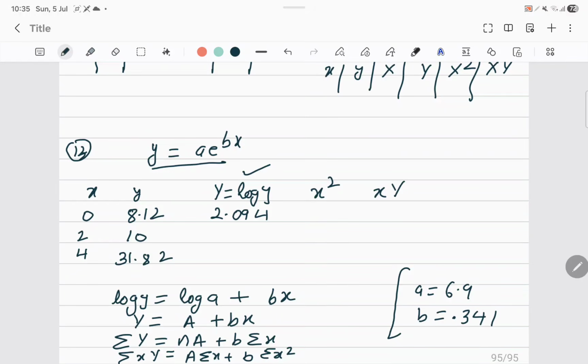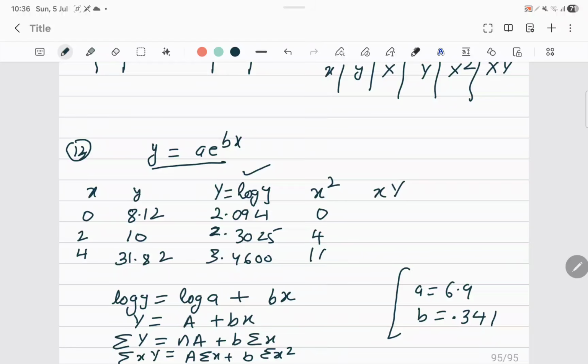Okay, then I'll do log of 10, 2.3025, and then I'll do log of 31.82, which is equal to 3.4600. Okay. Now x square is what?